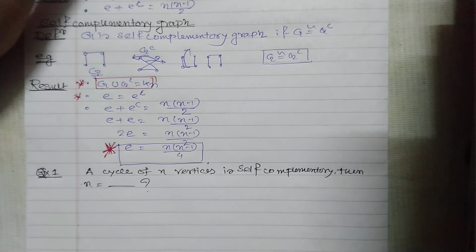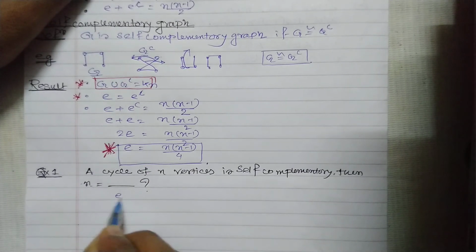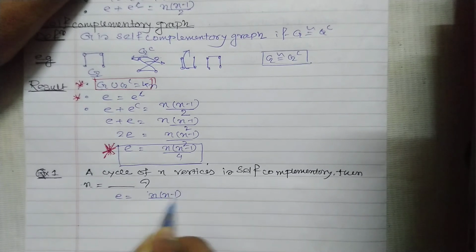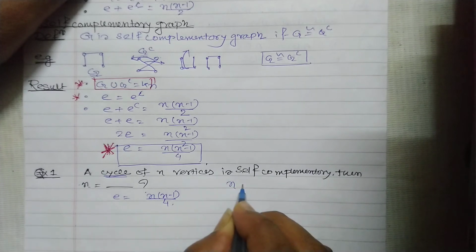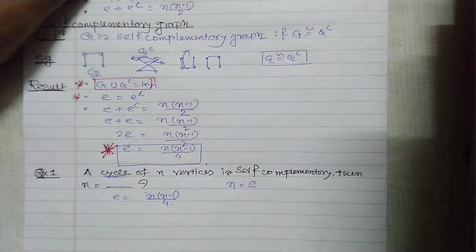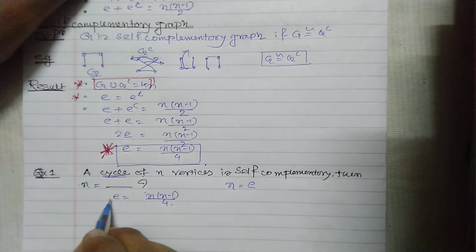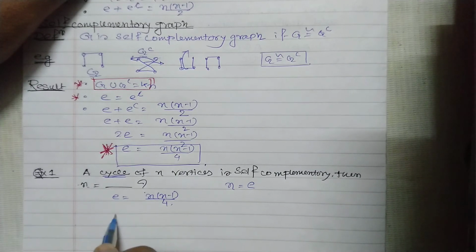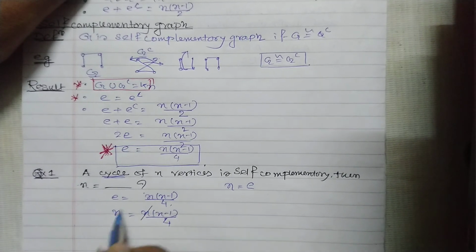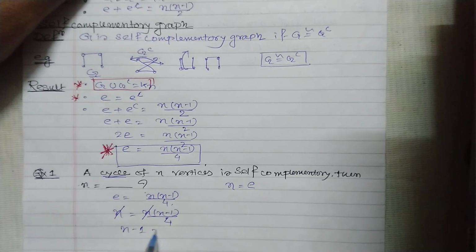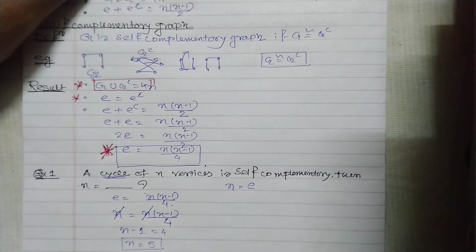From here we can write that E is equal to n into n minus 1 by 4. Now, as this is a cycle, and we have discussed in the special graphs that in case of a cycle, the number of vertices is equal to the number of edges. In place of E, you can write n. So n is equal to n into n minus 1 by 4. Then n cancels, so n minus 1 is equal to 4, and n is equal to 5. So this is C5.